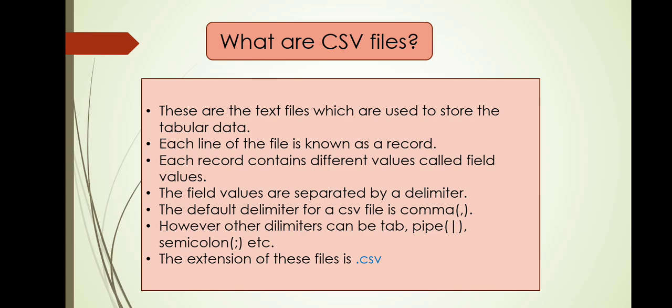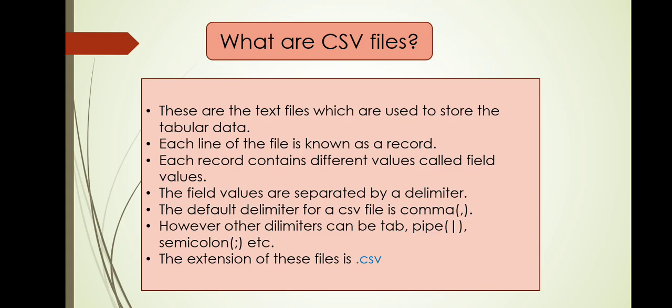Each line of the file is known as a record that indicates one row of the table. Now each record contains different values called field values. The field values are separated by a delimiter.